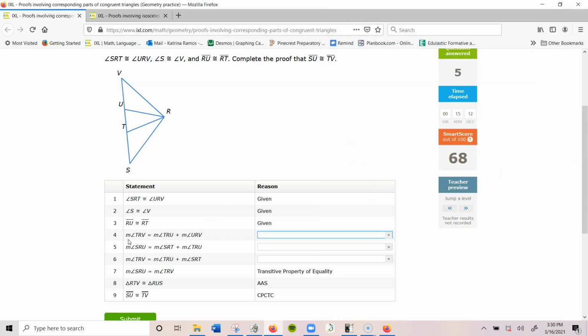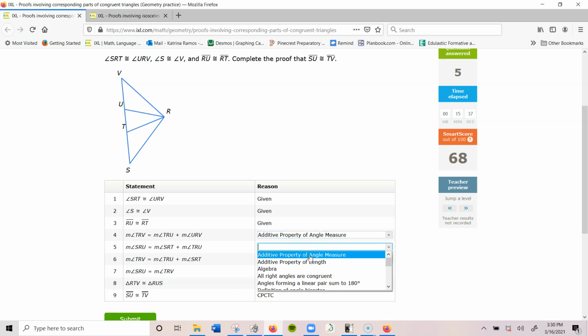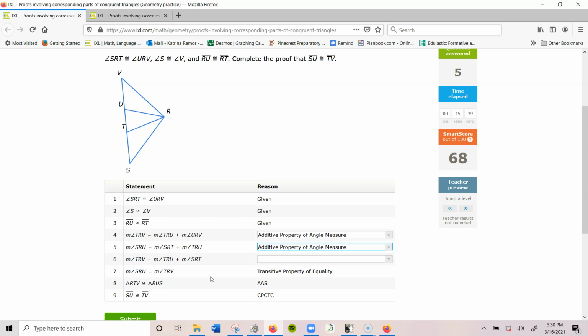So here we're adding angles, right? Angle TRV is equal to angle TRU plus URV. So that's the additive property of angle measure. Then the measure of SRU is equal to the measure of SRT plus TRU, also the additive angle property of angle measure.